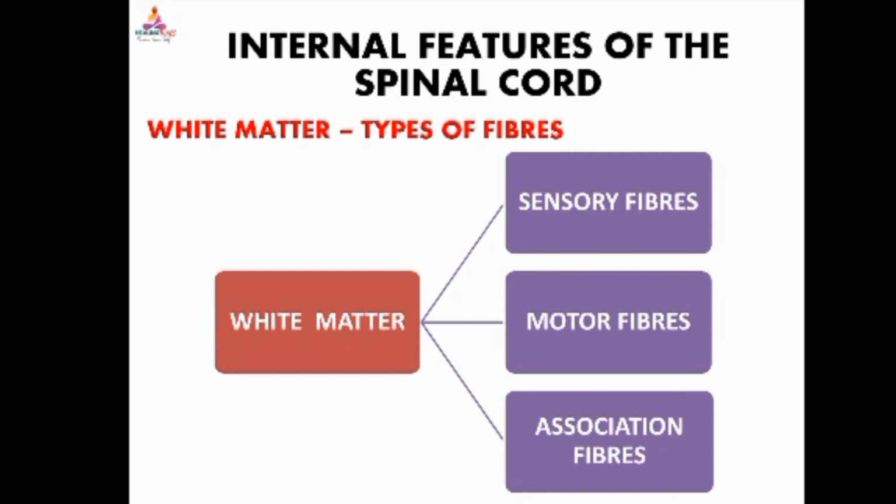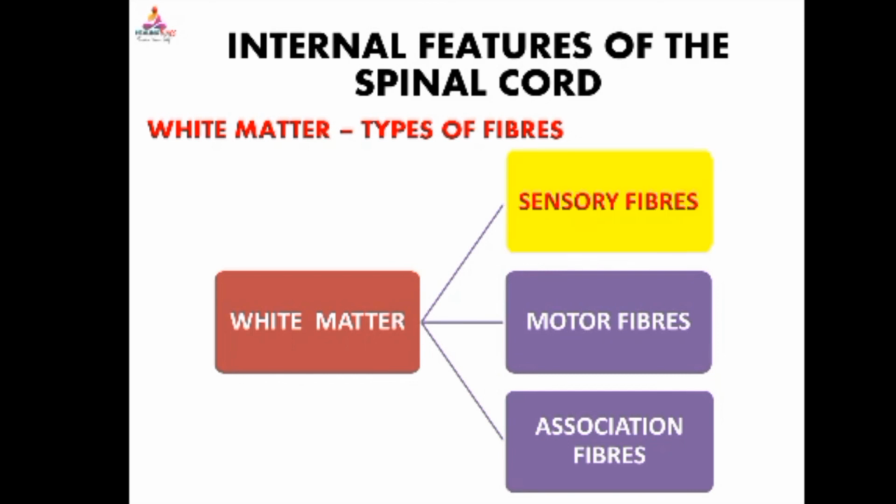The types of fibers in the white matter. Functionally, the fibers in the white matter of spinal cord are divided into the following three types: sensory fibers, motor fibers, and association fibers. First one is the sensory fibers.